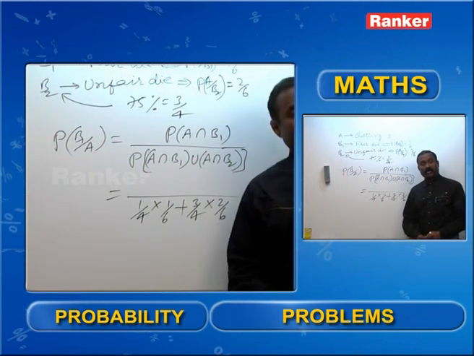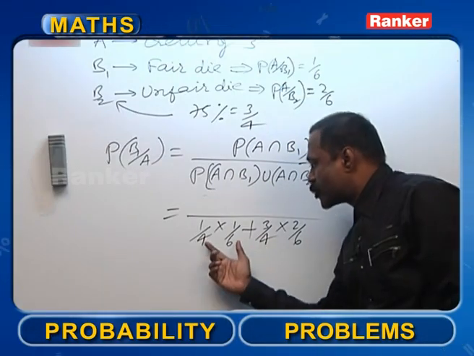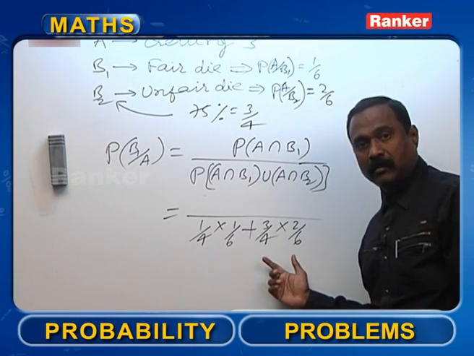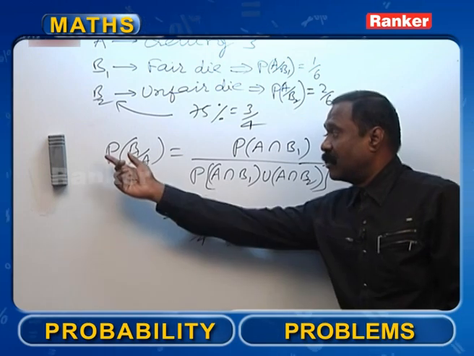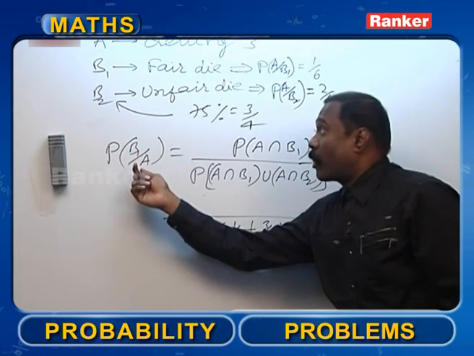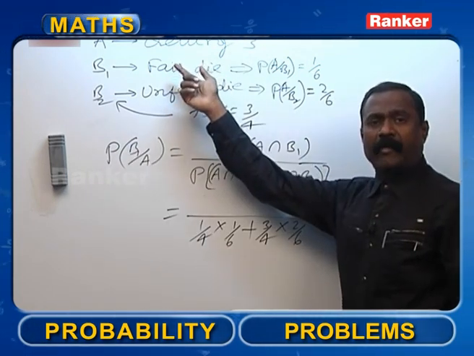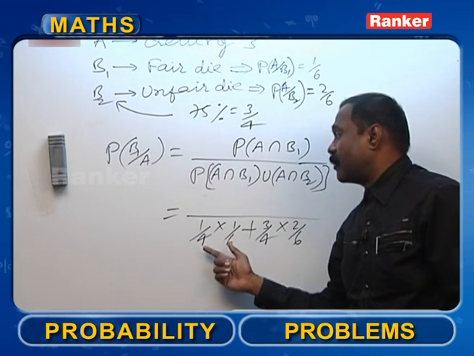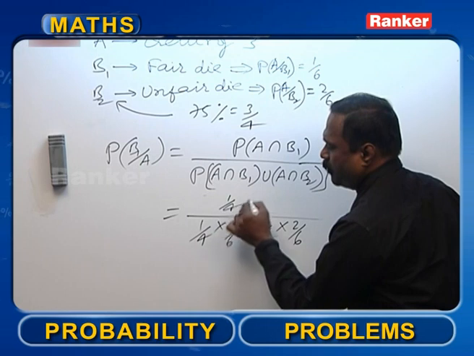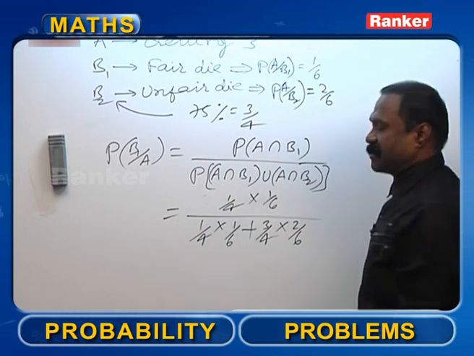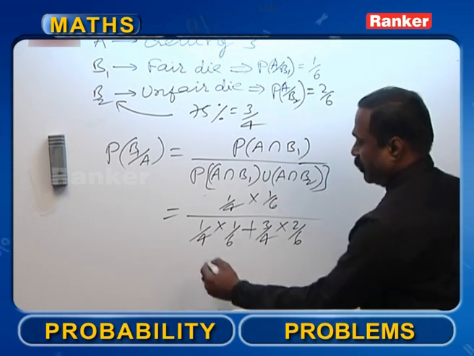So we have written the total probability first, and from this we are interested in getting number 3 from the fair die. What is the probability of getting number 3 on the fair die? It is this one, the favorable probability: 1 by 4 into 1 by 6.